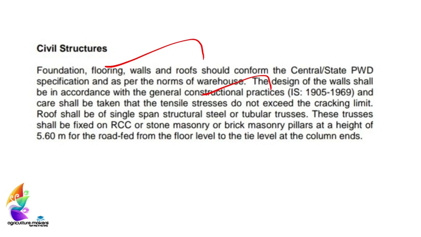The roof shall be of single span structural steel or tubular trusses, and these trusses shall be fixed on RCC or stone masonry or brick masonry pillars at a height of 5.6 meters from the floor level to the tile level at the column ends.